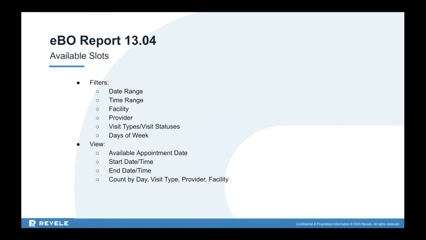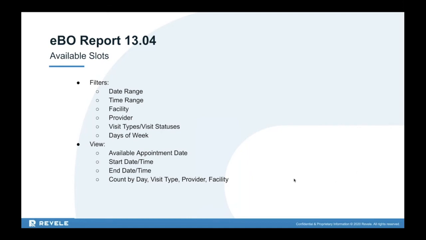It would show you I've got 3 available appointments within this time frame on this date for Dr. Smith at facility A. So that's a really good report, again, just to see at a high level, and even look at what's unfilled, what's just sitting there and not being used based on the working hours that are set.